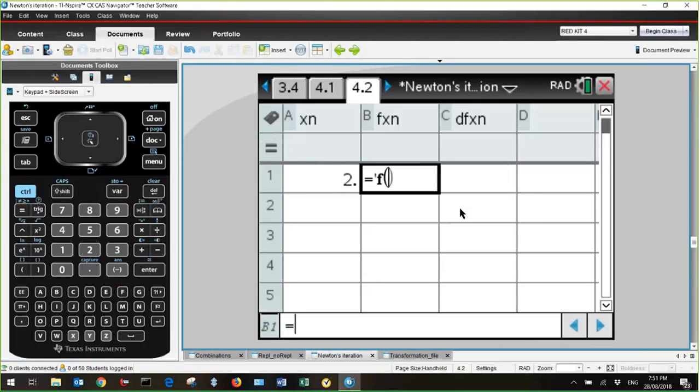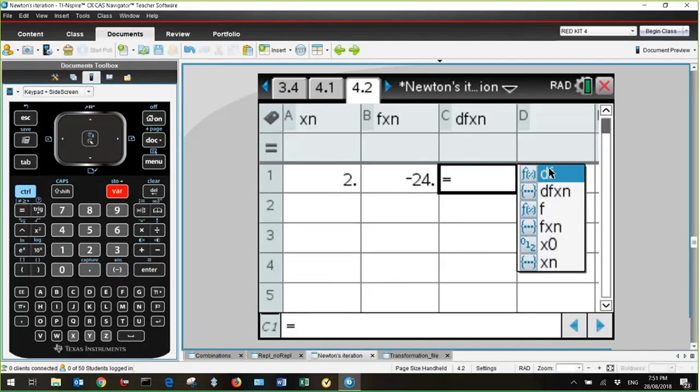And there's a reason why I'm entering it this way, because as I fill down, it should update the cell reference. And this one is the derivative at that value. So I call that df of whatever I have in A1.